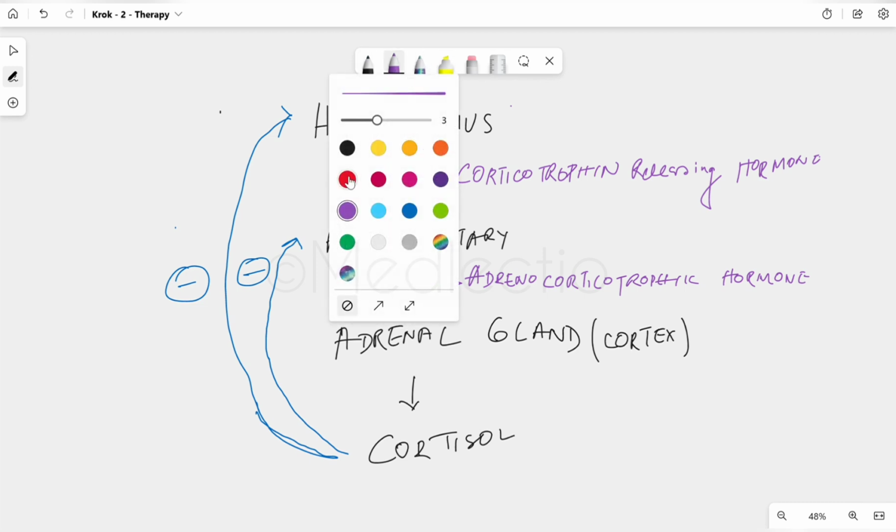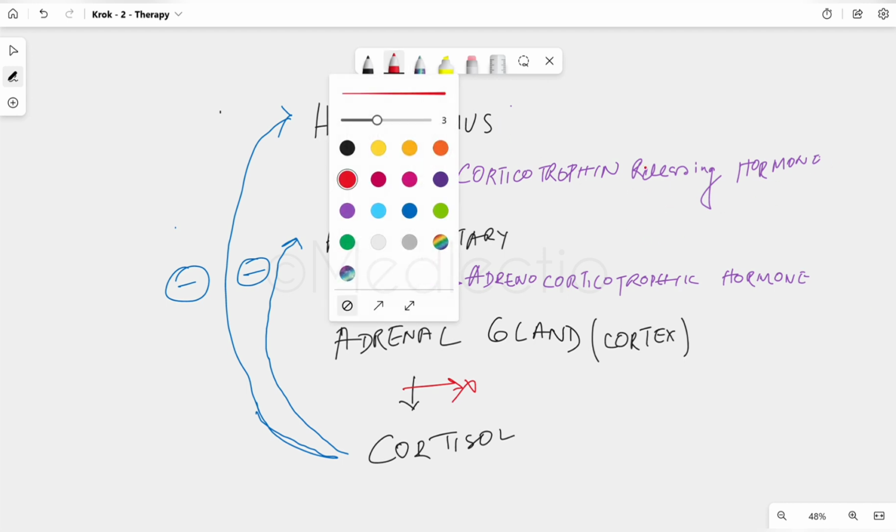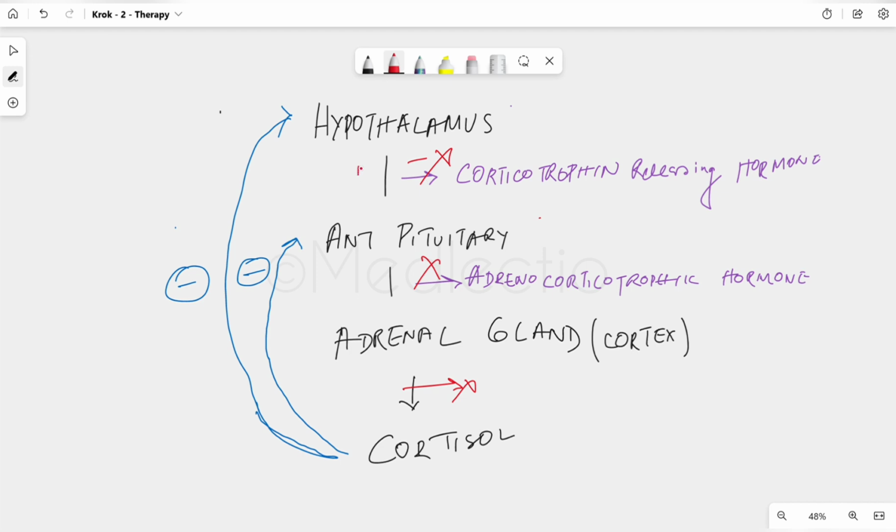So there can be blocks in many areas. First there can be a block here, so corticotropin releasing hormone gets blocked. Then we can get blockage of adrenocorticotropic hormone, and then lastly here. So number 1, number 2 and number 3.